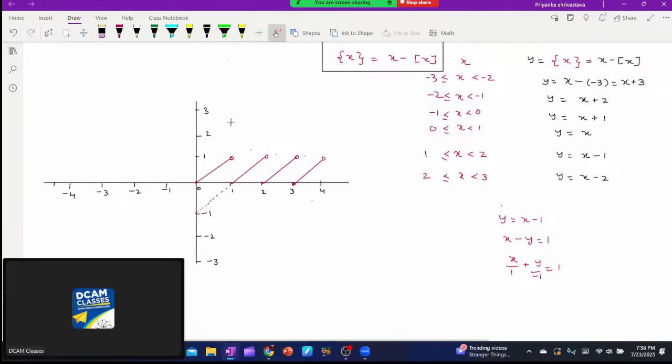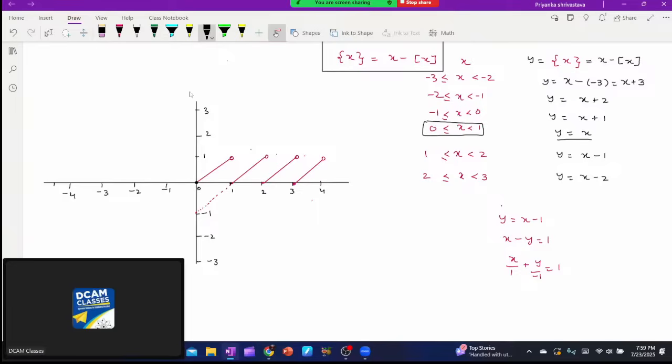There's no need, because we have taken y is equal to x only for the range x is equal to 0 to 1. Only there do we have to draw the graph y is equal to x. We should not extend actually.